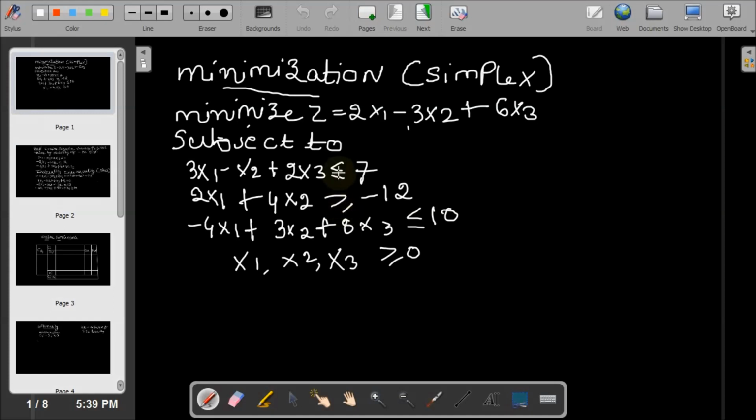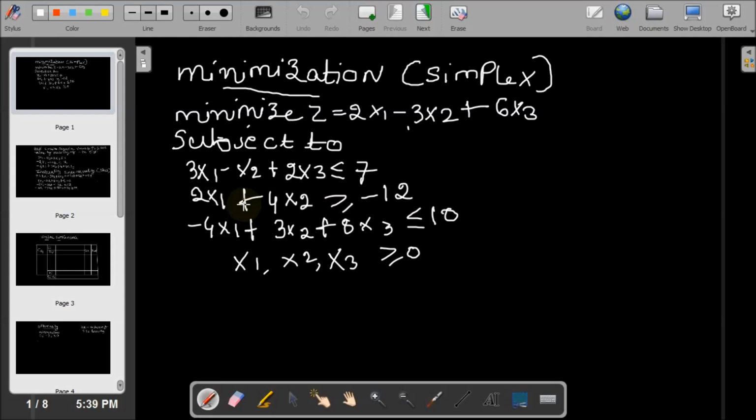Here you can observe one more thing. The remaining two constraints are less than or equal to, but the second constraint is greater than or equal to. But when you multiply with the minus sign, along with the -12 value, this inequality condition also changes to less than or equal to.